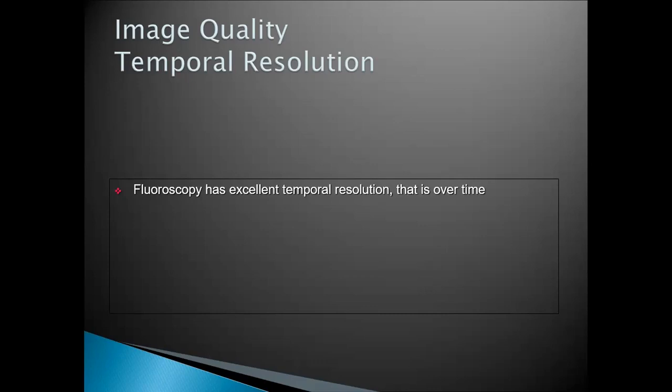But if it is not, then it has a bad temporal resolution. So this has to do with lag. If a video has so much lag, it means the temporal resolution is very, very low.